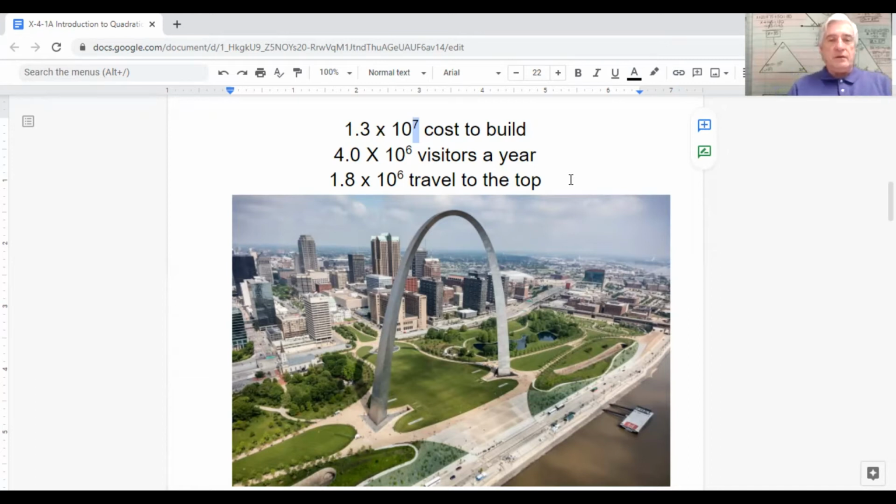Subtract that from 4 million, and you'll find out that more than half of the people are content to walk on the green grass, look up, and take pictures of the arch.